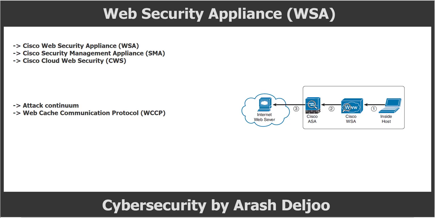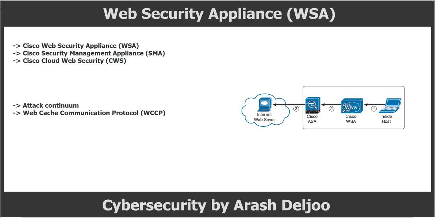gaming sites. Cisco has leveraged several tools and mechanisms to help customers combat these threats, including Cisco Web Security Appliance WSA, Cisco Security Management Appliance or SMA, and Cisco Cloud Web Security or CWS.